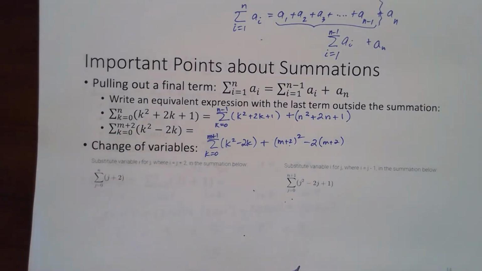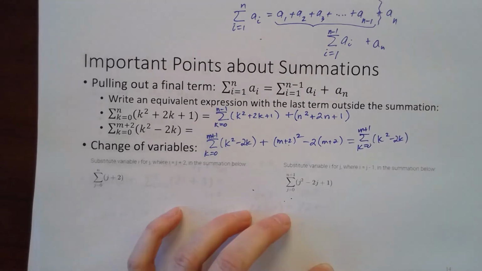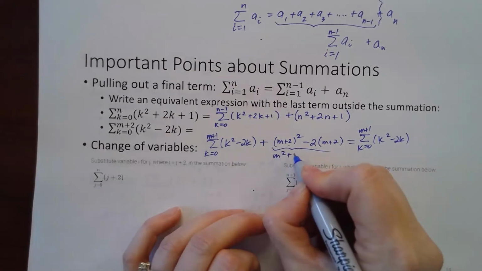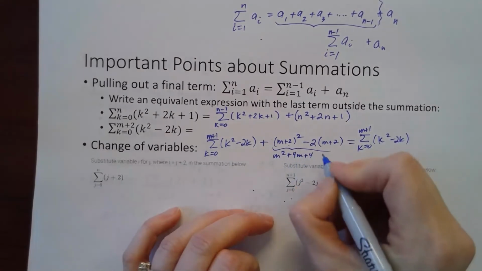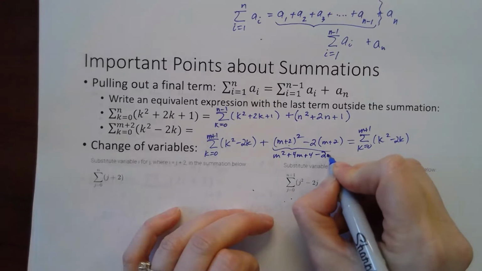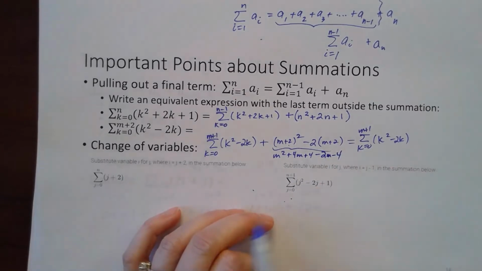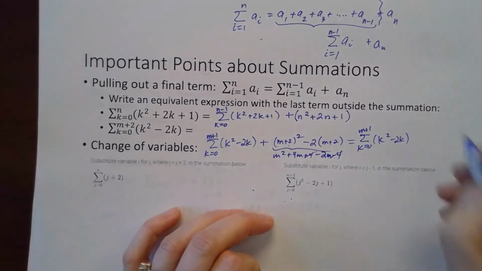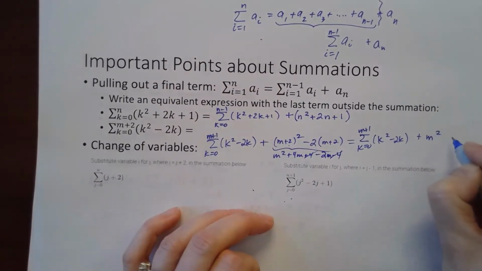So the sum from k equals 0 to n plus 1 of this expression, plus this term. This one is n squared plus 4n plus 4, and this is minus 2n minus 4. Those cancel, and we could simplify this to be plus n squared plus 2n.